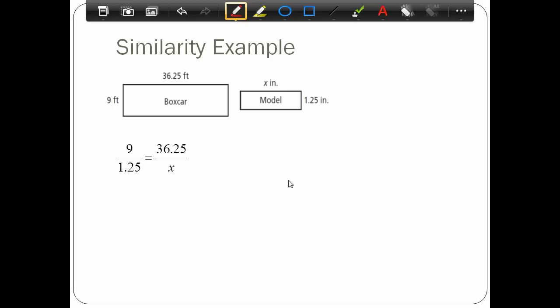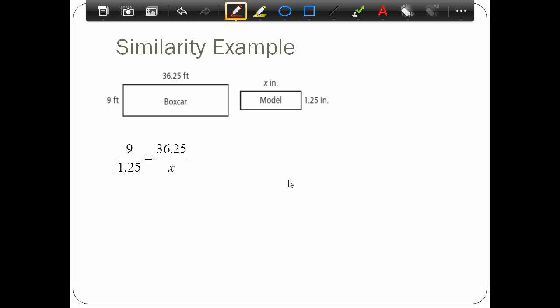All I really have to do is convert the 9 to 1.25 and the 36.25 into x. I can ignore the fact that it's different units because it really doesn't matter. It's all going to end up being the same in the end. I could pretend like it's 1.25 feet if it makes me feel better. But when I multiply everything out, it just cancels. It's feet over inches equals feet over inches, so it's the same deal.